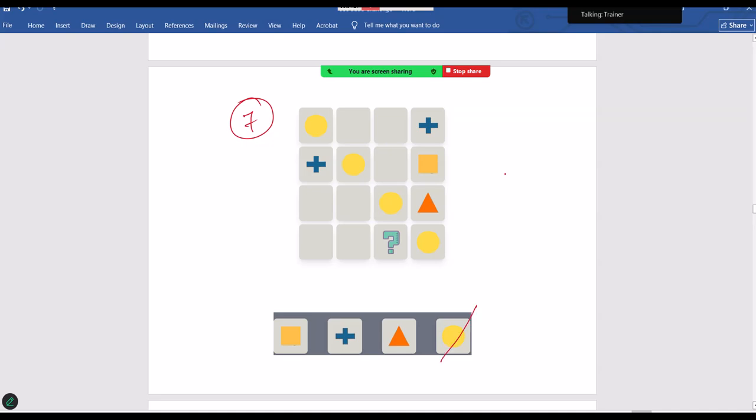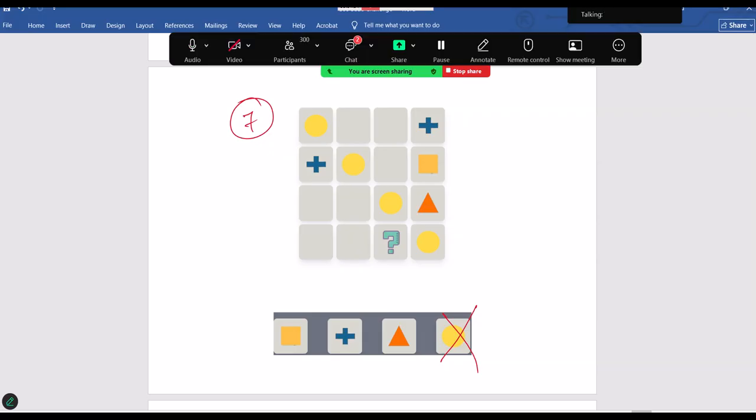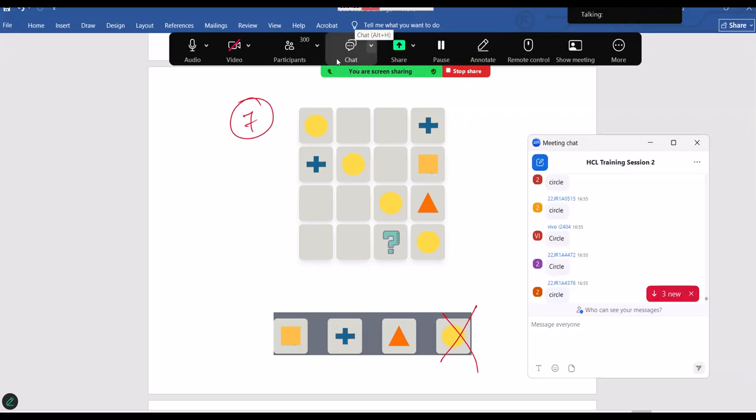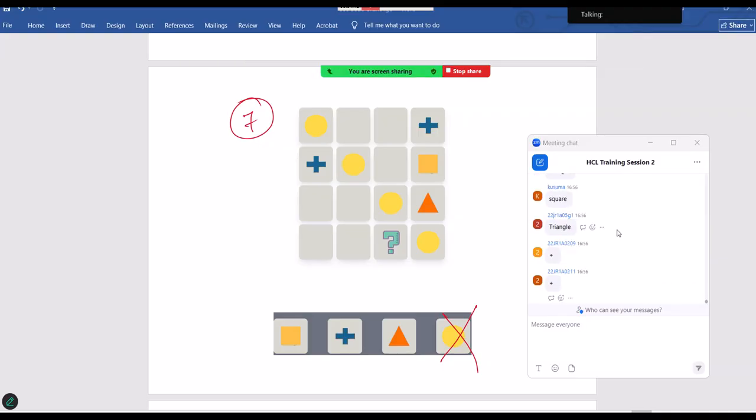One thing eliminated is circle eliminated. Somebody said triangle, somebody said square. Triangle is here. Here triangle is there. We cannot get triangle here.